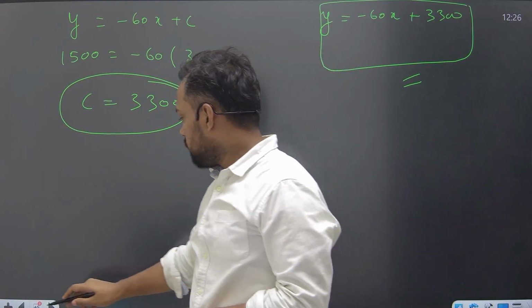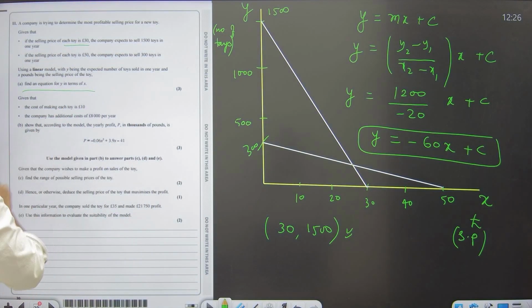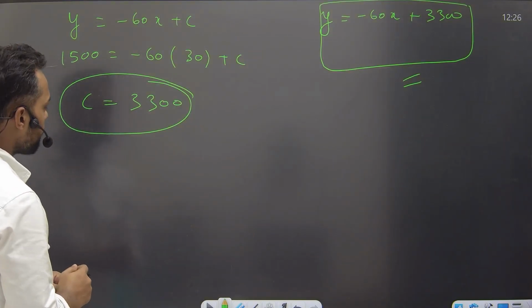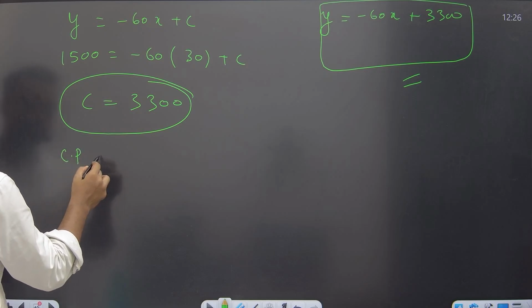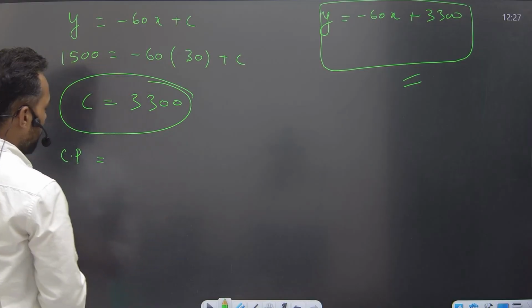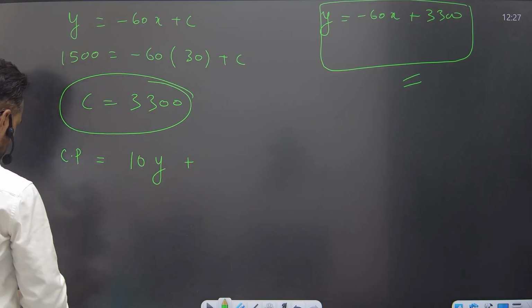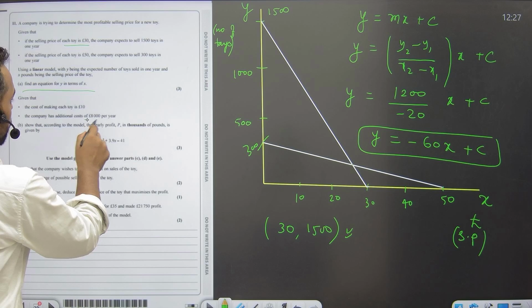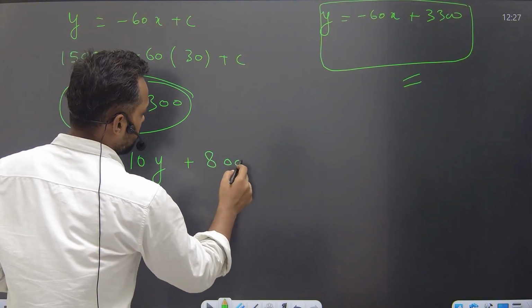Okay. Now in the second part, they have mentioned that the cost for making each toy is 10 pounds. So the cost price for making each toy is 10 pounds. So 10 times y plus, in the second statement they have told that 8000 per year is the additional cost, 8000 per year.